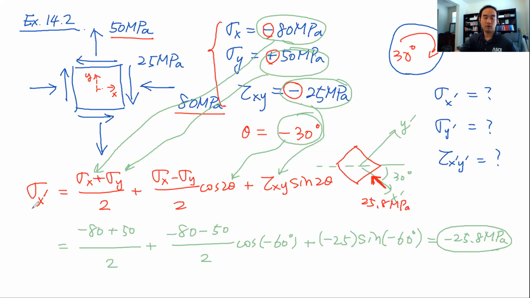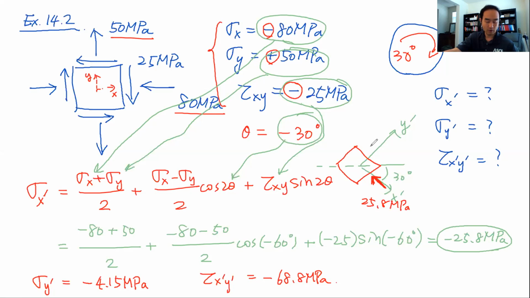When you calculate sigma y prime, you will get negative 4.15 megapascal. Using the second equation, you can calculate tau x prime y prime. All the details are available in your solution. For tau x prime y prime, you will get negative 68.8 megapascal.